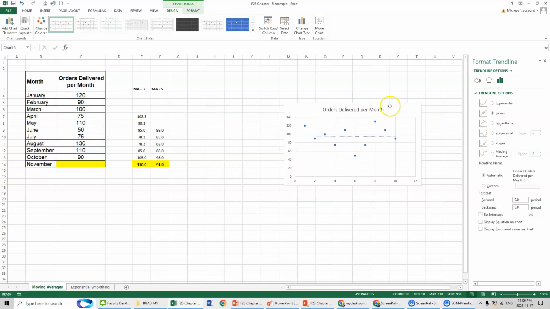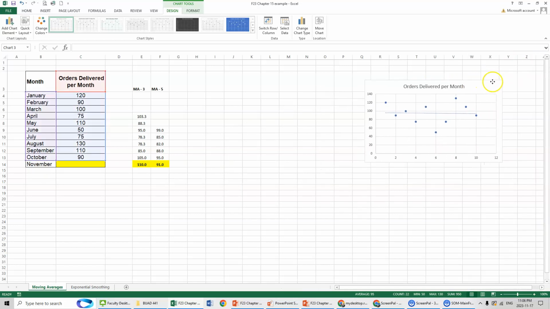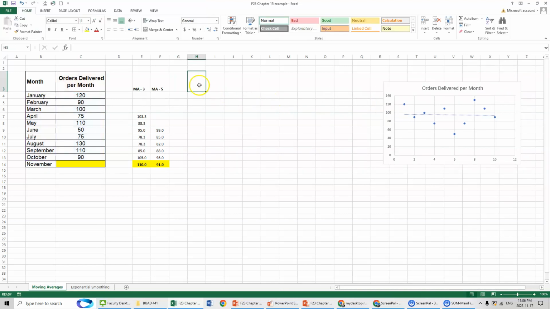So this tells us that the moving average is a good technique to use in this situation. What we're going to do here is calculate the mean absolute deviation using both of those techniques. So let's put that up there and copy these ones there.